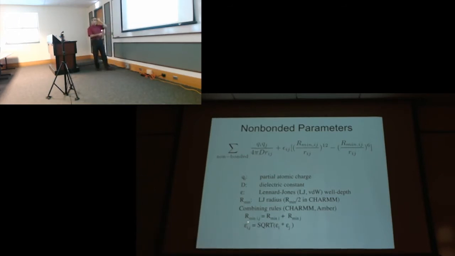So R min I plus R min J, or in some formulations, the average of these two divided by 2, would give you the pair parameter for the distance. And then epsilon I and epsilon J, you look at the square root of the product, the geometric average, to get the epsilon value that you need for any pair interaction.